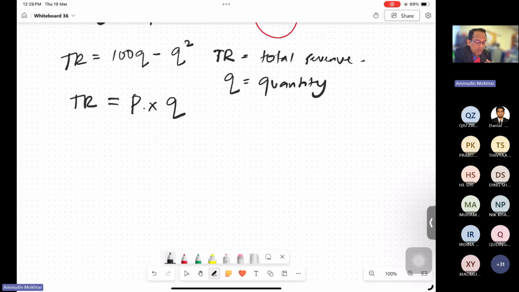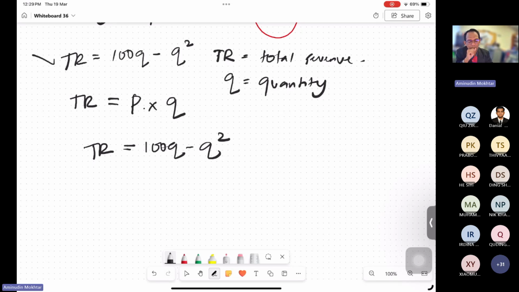We have a function. Total revenue is equal to 100Q minus Q squared. Now, in this function, the value of TR is subject to Q. The amount of total revenue depends on the quantity, the number of Q sold.